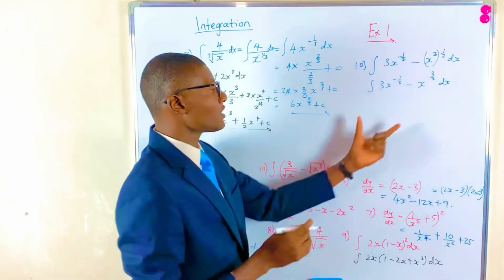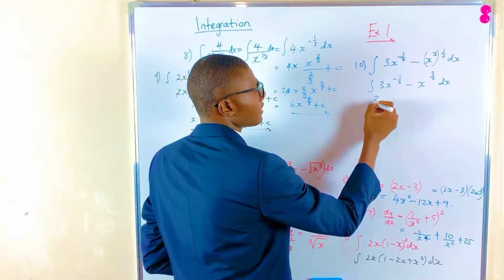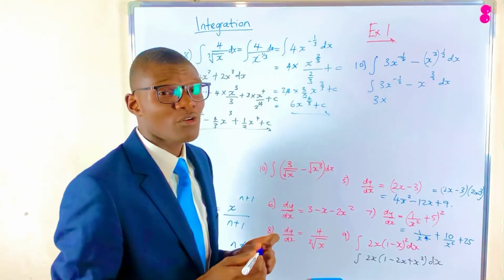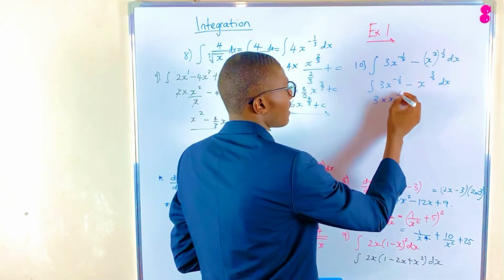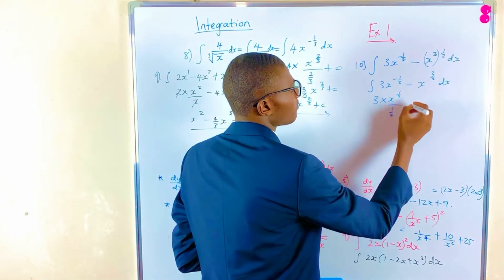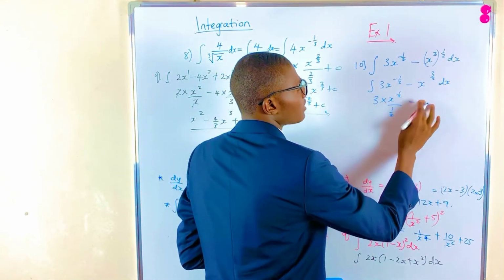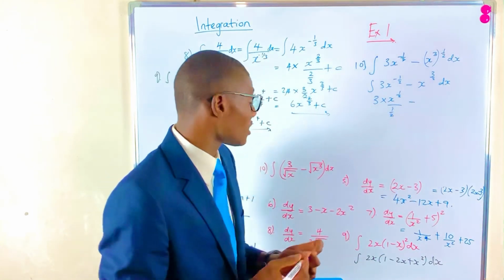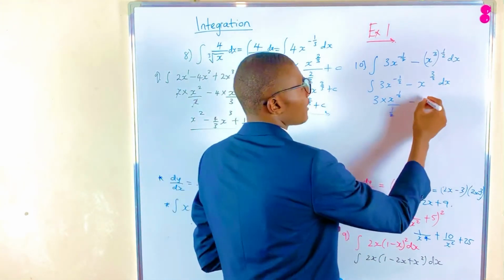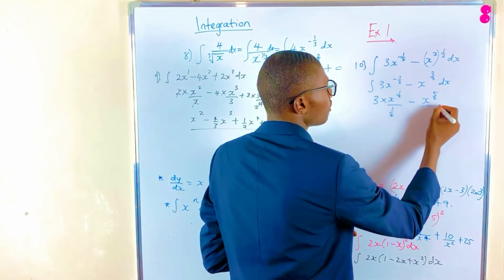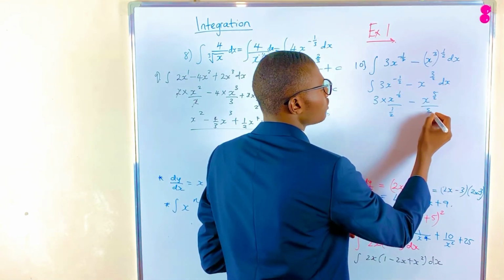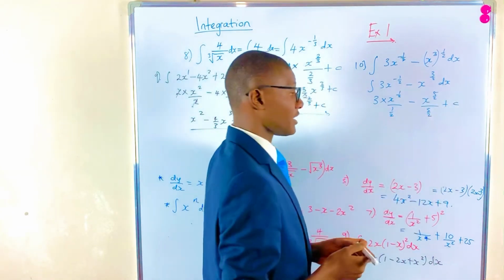Such that now for the integral, we are saying 3 times the integral of x to the power of minus half, that's x to the power of minus half plus 1, that gives us half over half, then minus the integral of x to the power of 3 over 2, we are saying x to the power of 3 over 2 plus 1, that's 5 over 2 over 5 over 2, plus the constant of integration c.